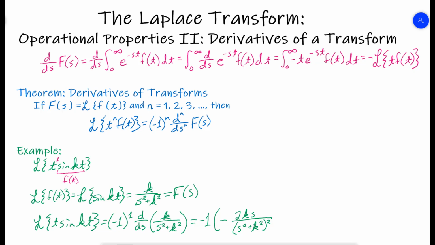And that's all from just simple derivative stuff that we already know. So now, when I multiply negative 1 times that, I'm going to get 2ks over the quantity s squared plus k squared, squared. And that's all there is to it. We now know the Laplace transform of that product.